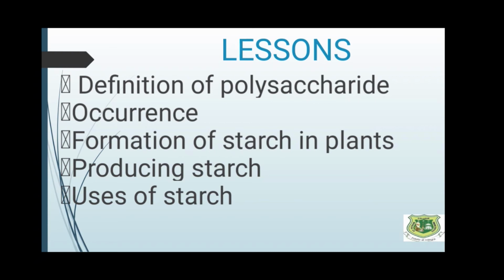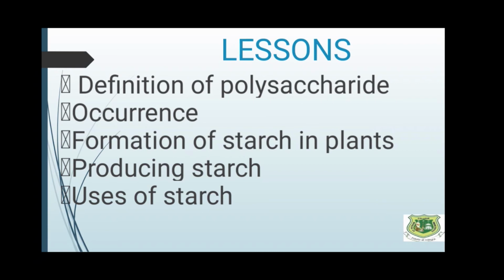Yes, some elements of starch occur in mango and pawpaw. Then in seeds, it occurs in cereals. Give me some examples of cereals. We have maize, guinea corn, millet, wheat, and rice. We eat all these cereals, so we know them.